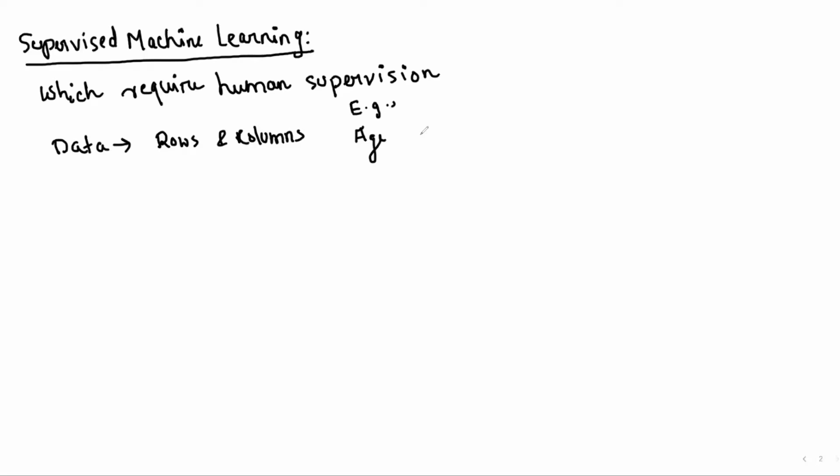Age, then there can be gender. This is one column, this is another column. Then there can be income, and then there can be expenditure.